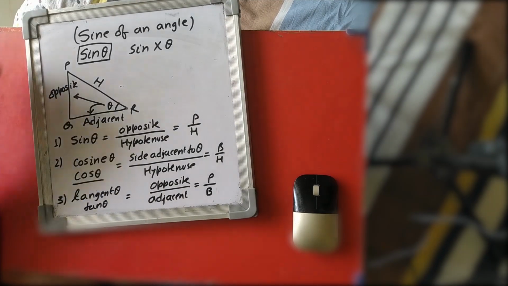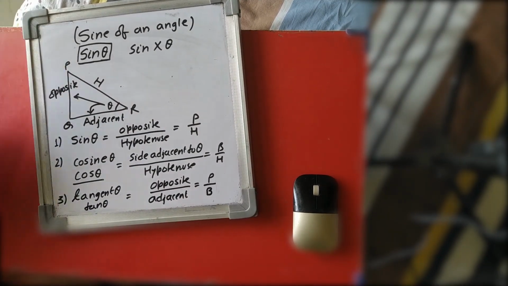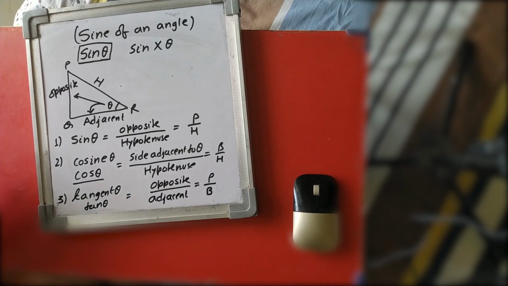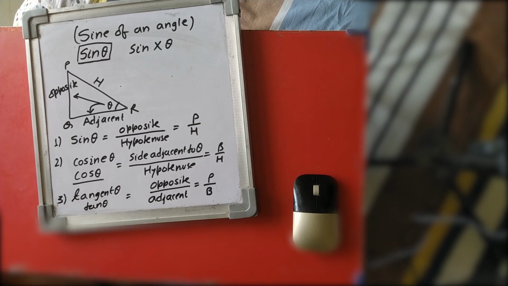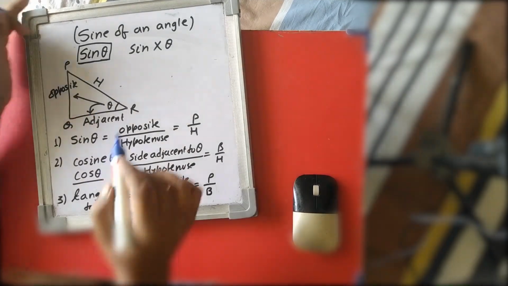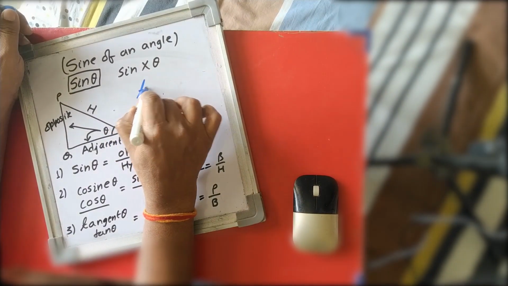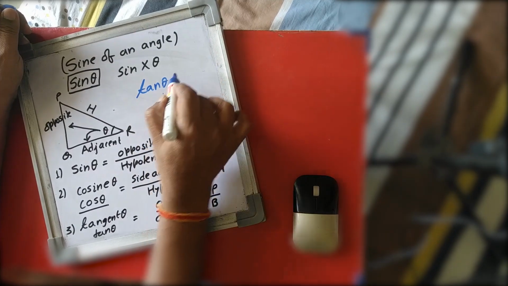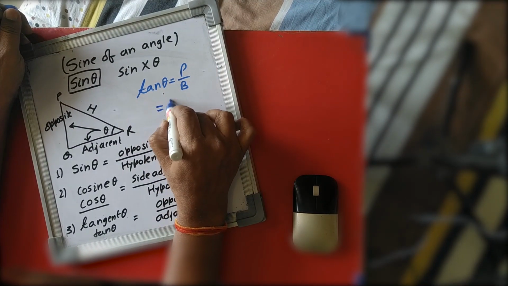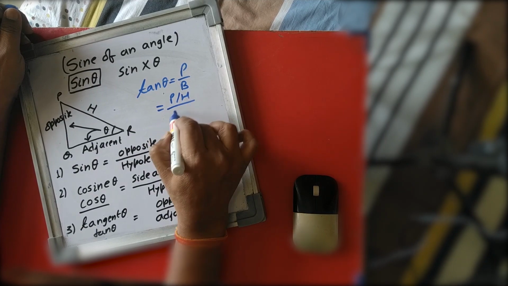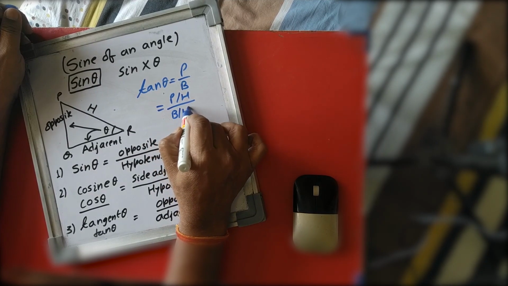Now very quickly we see something remarkable about tan, something that can relate sine and cos with it. What is this? We just now defined tan theta as perpendicular upon base. So what happens if I divide both numerator and denominator by hypotenuse?